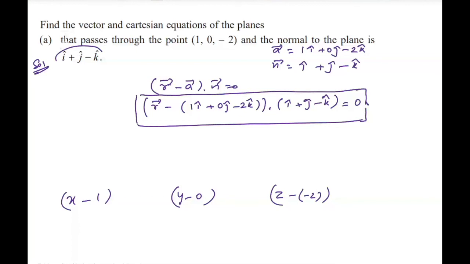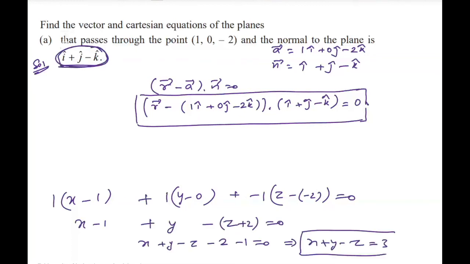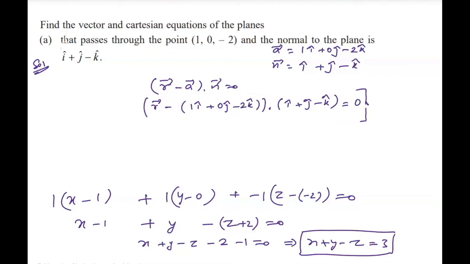This is the answer. x minus 1 plus y minus 0, just simplify: x plus y minus z minus 2 minus 1 equals 0, so x plus y minus z equals 3. Is there any doubt to anyone? And if you want to know how this came, you can just put r vector as xi plus yj plus zk.